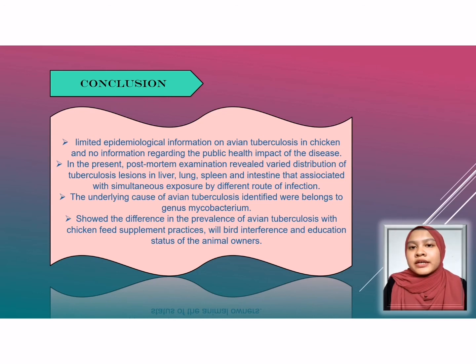Also, the underlying cause of avian tuberculosis identified belongs to the genus Mycobacterium. On the other hand, it shows differences in the prevalence of avian tuberculosis with chicken feed supplement practice, wild bird interference, and education status of the animal owners.